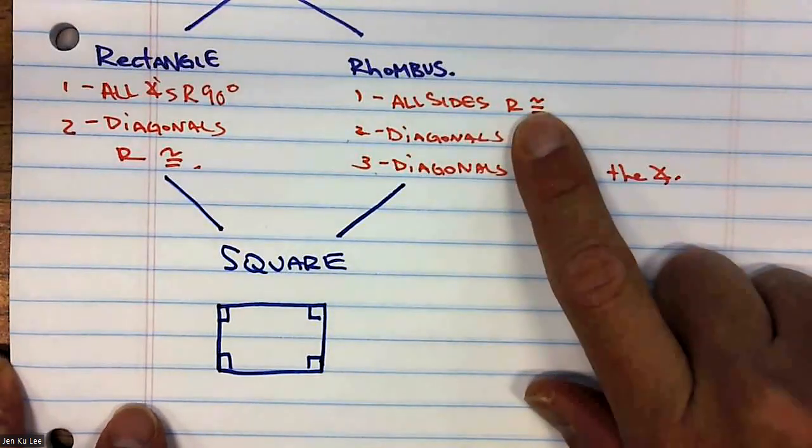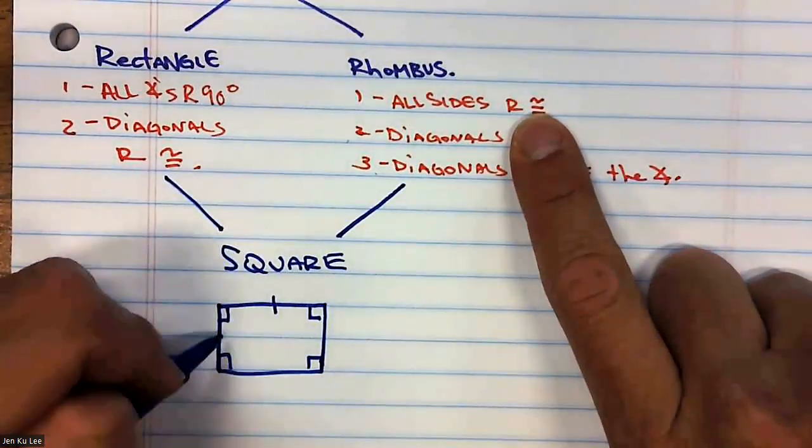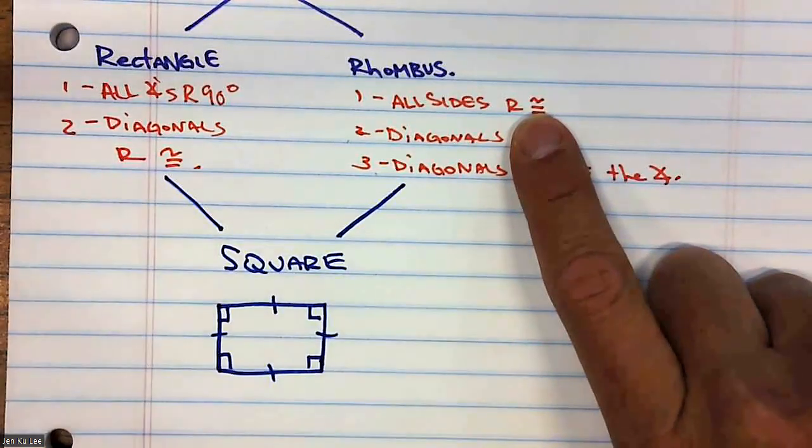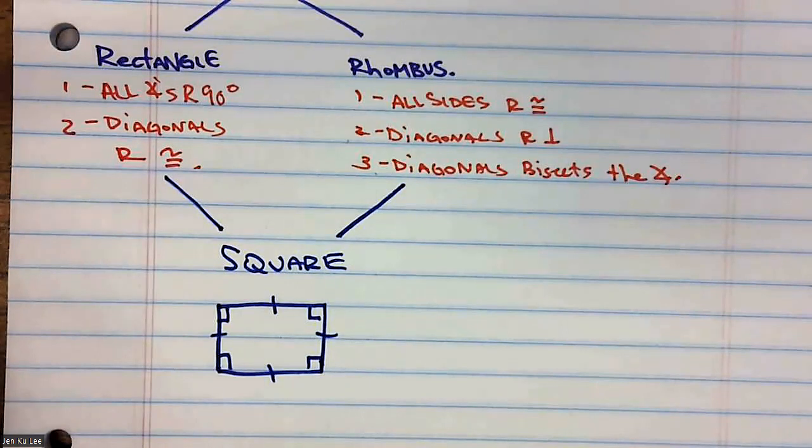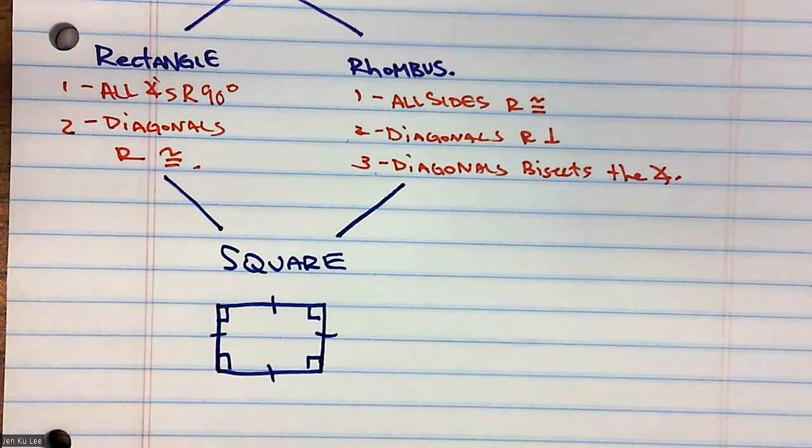All the sides are congruent. And all of these special diagonal characteristics. Okay? You can think of a rectangle and a rhombus came together and made a baby, and they named it square. Okay?